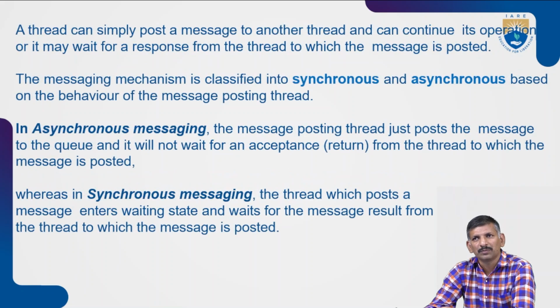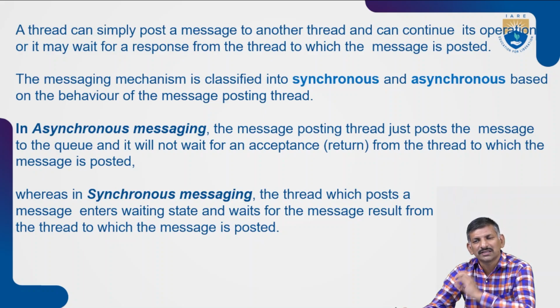A thread can simply post a message to another thread and continue its operation, or it may wait for a response from the thread to which the message is posted. So the messaging mechanism is classified into synchronous and asynchronous based on the behavior of the message posting thread.